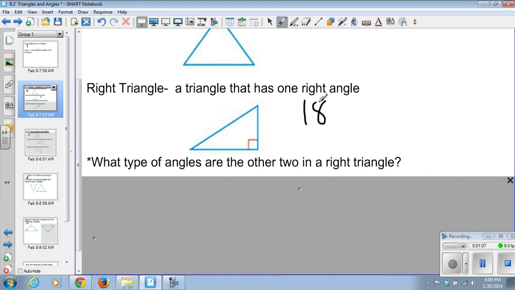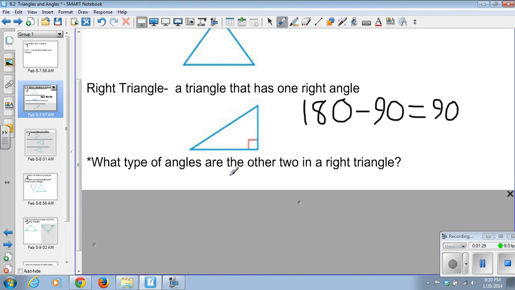If the right angle takes up 90 degrees of that, if we take away 90 from that total of 180, we are left with 90 degrees. For two angles to have a sum of 90 degrees, they have to be acute. So therefore, the answer to this question is acute.